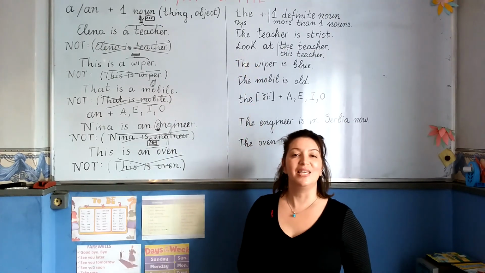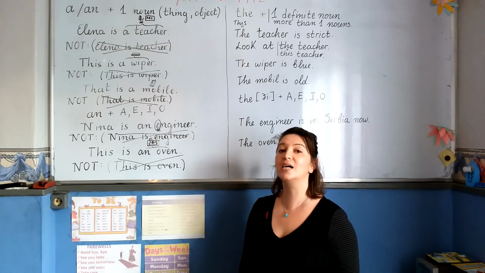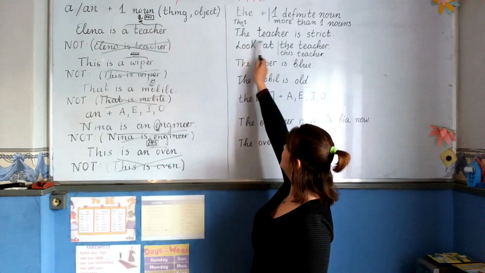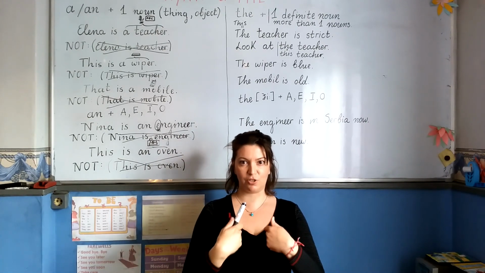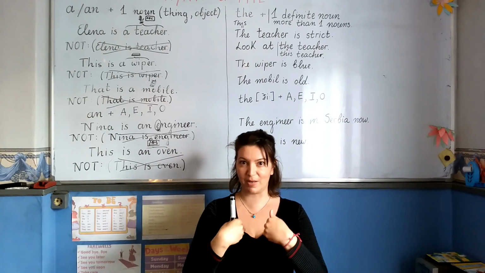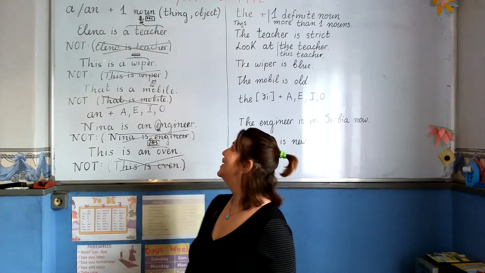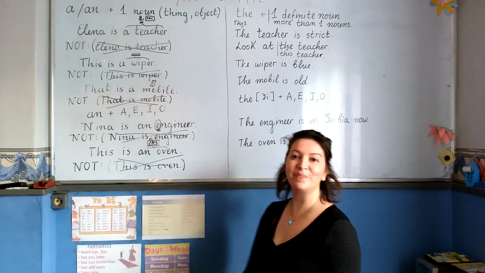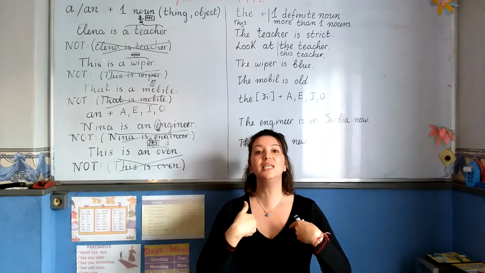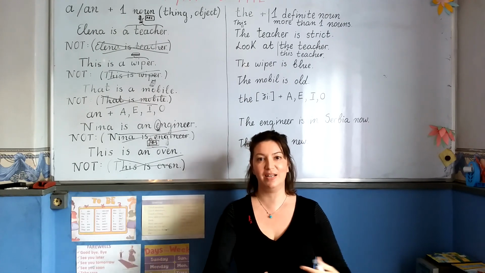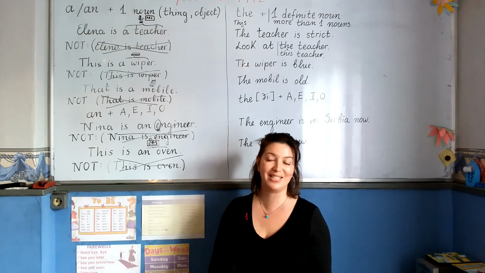If we want to say something more about this teacher, Elena, we say the teacher is strict. The teacher means this particular teacher is strict. Okay? Good. Or somebody says, look at the teacher. The teacher. This particular teacher. Me, in this case.